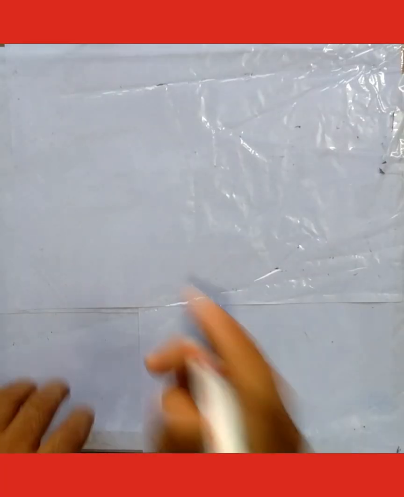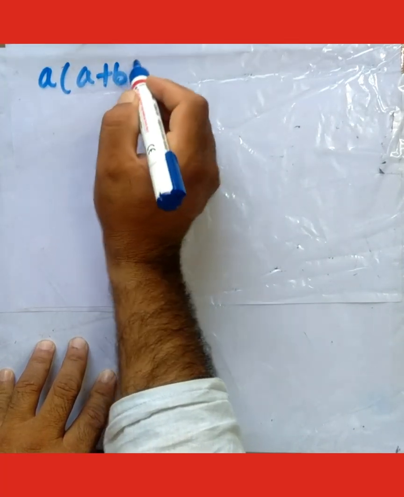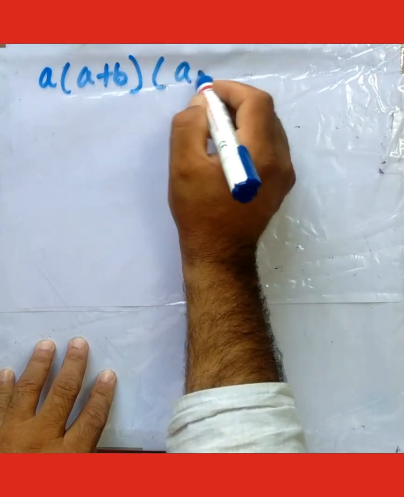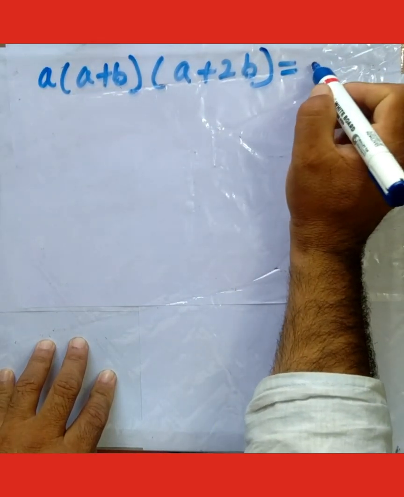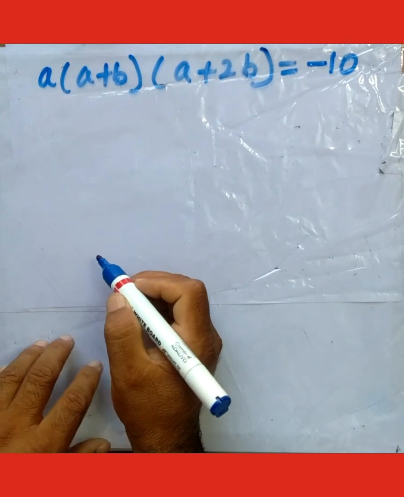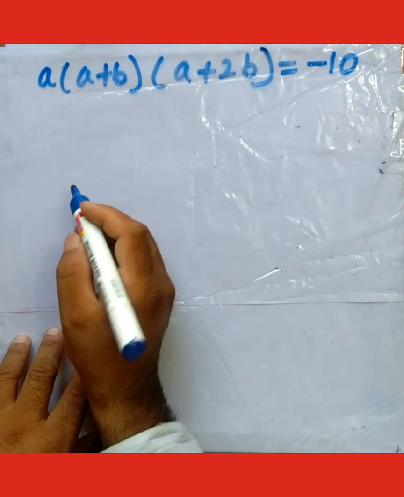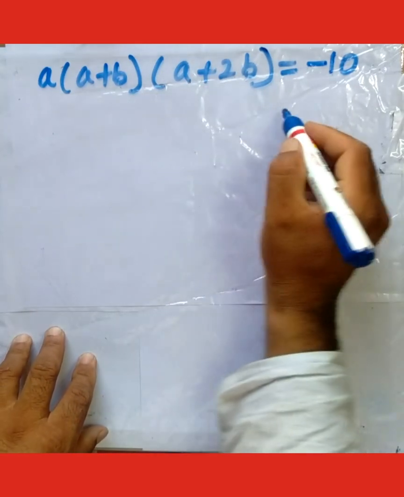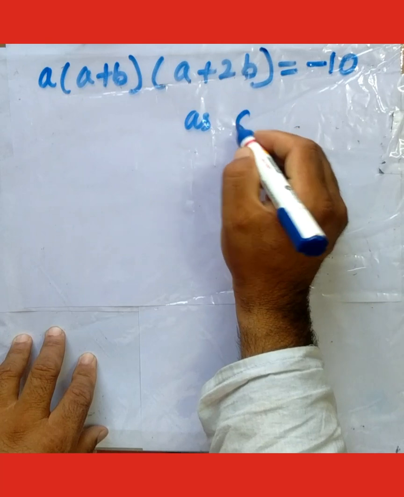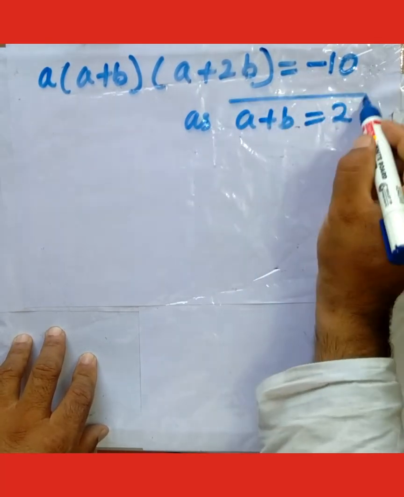For this case, a into a plus b into a plus 2b, by putting the values of the 3 zeros, is equal to minus 10, since the value of d is 10 and the coefficient of x cube is 1. Now solving this, putting the value of a plus b from the previous one, as we have already solved, that is a plus b is equal to 2.